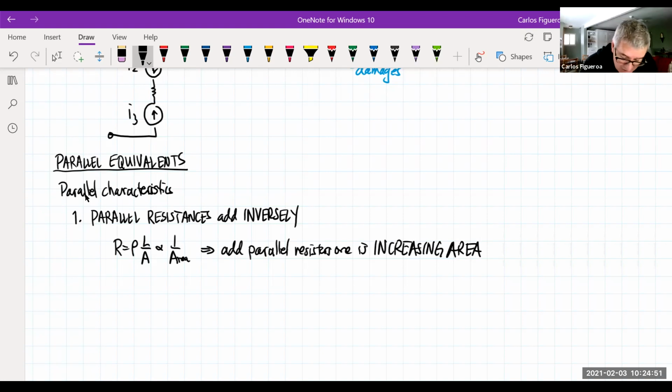Since the resistance is the inverse of parallel, then R parallel is the sum of their inverses.